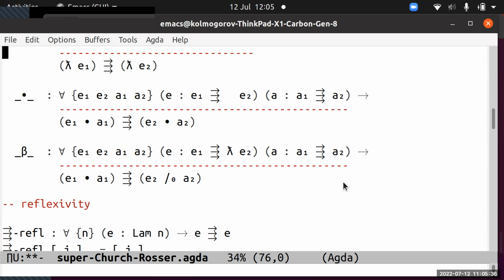And then here's beta. So E1 reduces to lambda E2, and A1 reduces to A2. And so E1 applied to A1 reduces to, well, square bracket's got a bit overloaded and tired now. So I'll just put the substitution slash with a suggestive 0 to indicate that that's the single substitution that substitutes at position 0.